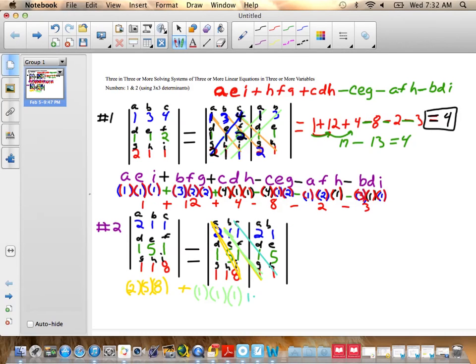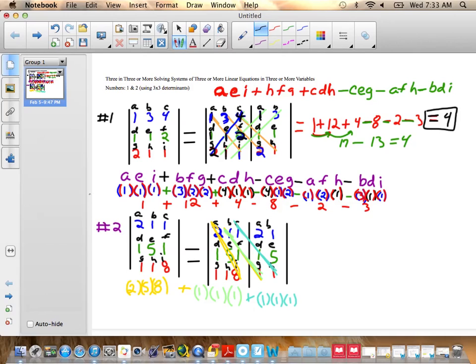Plus my CDH, which is 1, 1, 1. Plus, I'm sorry, not plus, we're going minus now. So now I'm going to go backwards. I'm going to put these in darker colors real quick so you can see them.